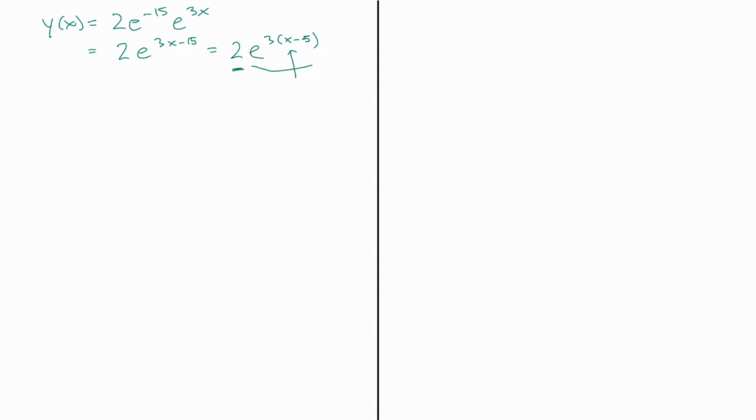So when you plug in 5 here, you get a 2 as the answer. So we see very easily in this form that the initial condition is satisfied. Okay, so that's a simple example of how to verify that a function is a solution.